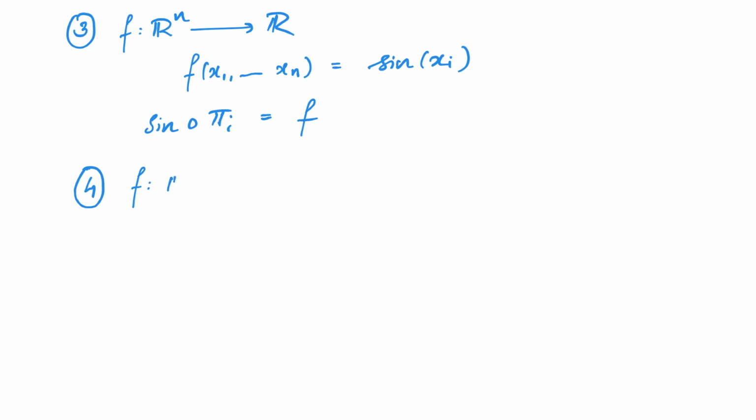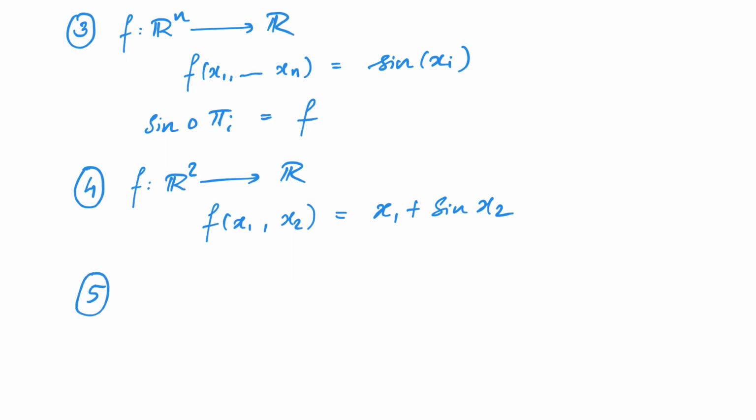Now, once we have seen both these ideas, we can combine them. For instance, we can look at the function f from R2 to R that is defined as f of x1, x2 is equal to x1 plus sine x2. Let us end this video with a final example. Consider a function f from R2 to R defined as f of x1, x2 is equal to x1 sine x2.